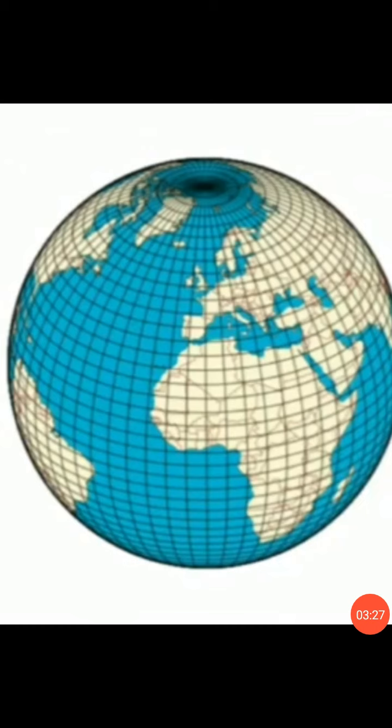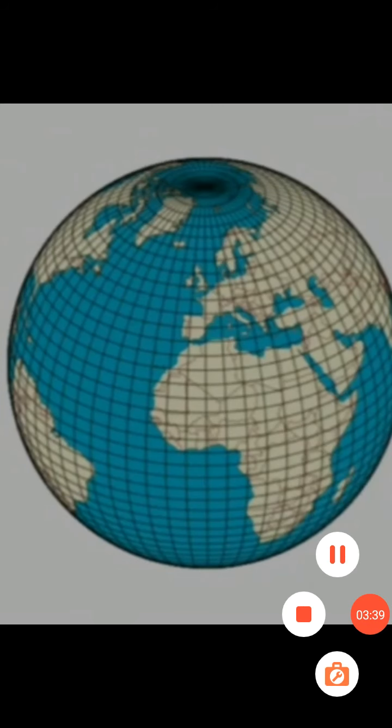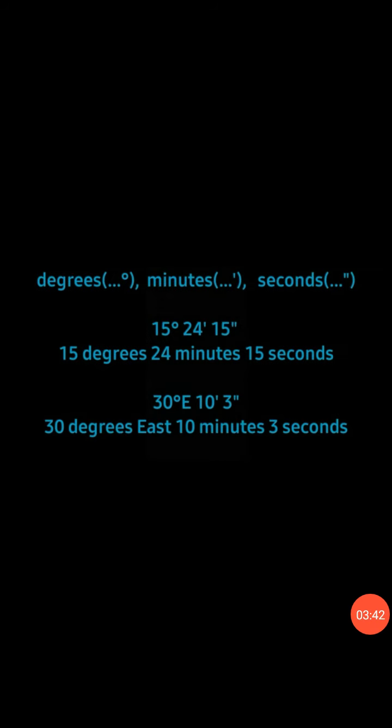These are all imaginary lines on the earth which are drawn on the globe for our reference. Okay, this is just an imaginary line. As you can see in the picture, these values are expressed using the symbols degrees, minutes and seconds.